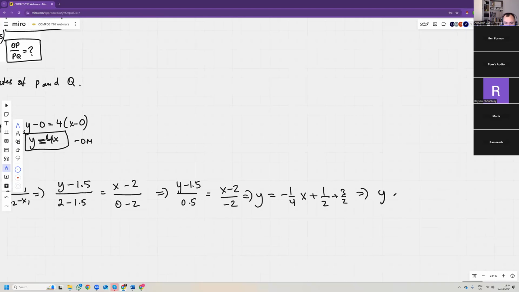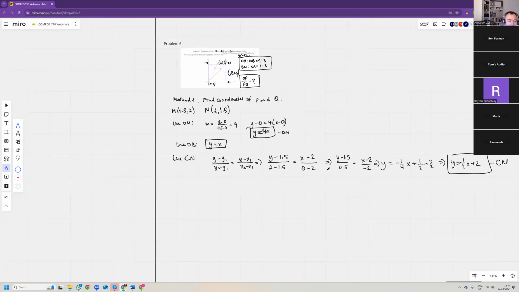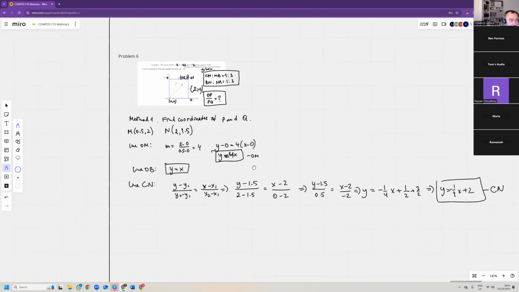So y equals minus a quarter x plus 2, and that makes sense. So that's line CN. Okay, so now we need to find the points P and Q.